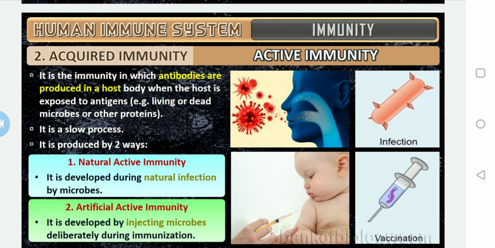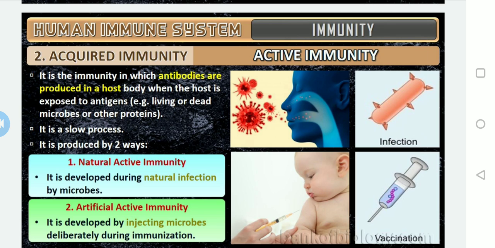Generally it increases resistance against subsequent infection by the particular microorganisms. The production of antibodies takes several days during the first infection, but for a subsequent infection by the same microbes, antibodies are produced immediately to resist the infection.